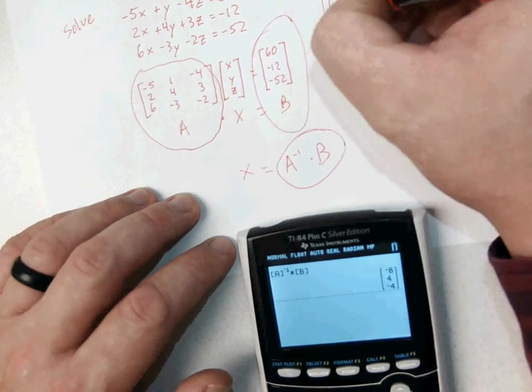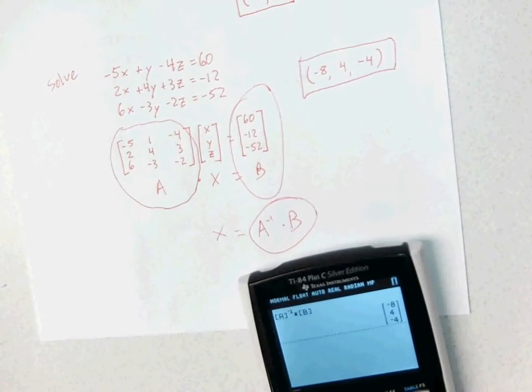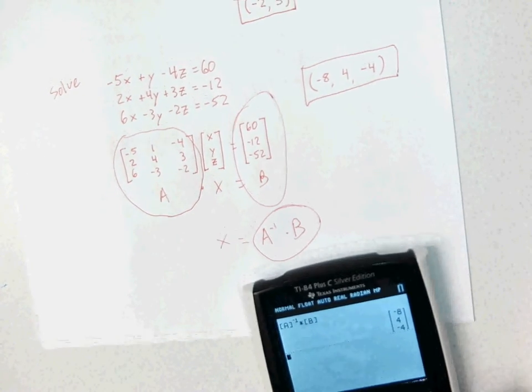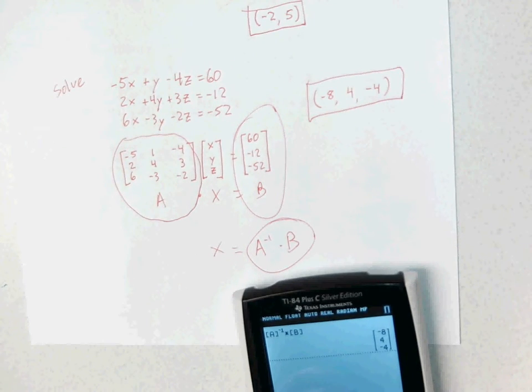So it looks like an ordered pair, but with the third number as the Z. So negative 8, 4, negative 4. That would be your solution to that system. And that's a lot faster than any of the other ways, at least in my opinion, of solving a system like that.